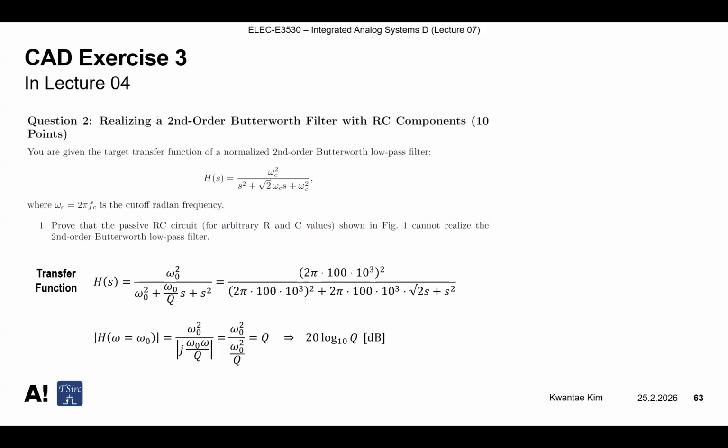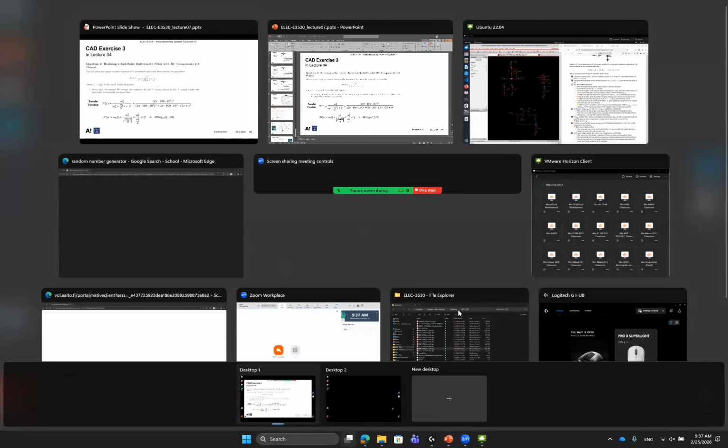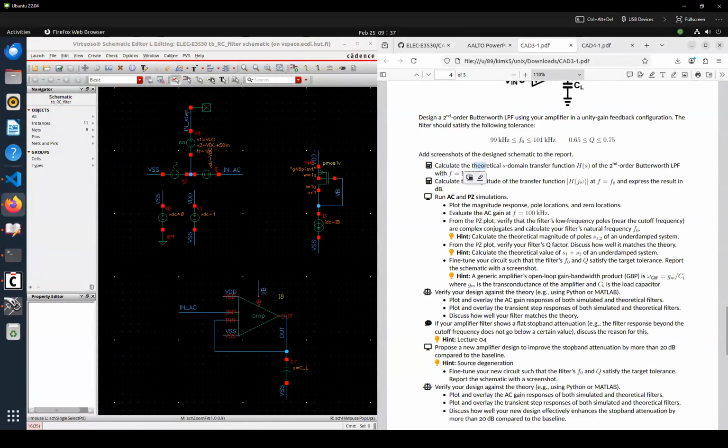When you set omega equal to omega 0 for this general second order low pass filter, as we went through last lecture, the value at the natural frequency becomes Q, which is 20 times log 10 Q in dB scale. So if you understood this, you can do this part.